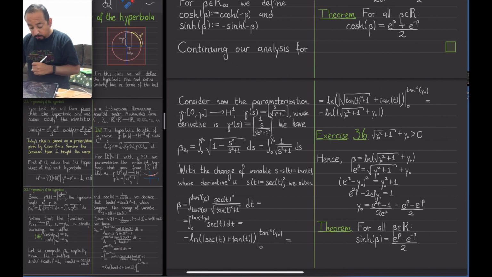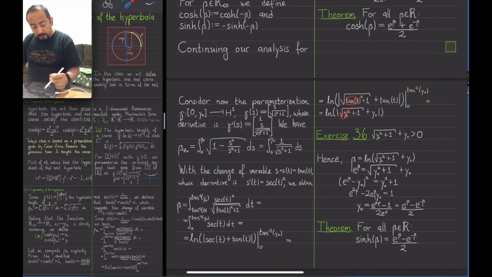When we were working with the hyperbolic cosine. So take that function and evaluate it at the limits of integration, and you arrive here. Here I'm replacing the secant with the square root of tangent square plus 1, because when I plug in tangent inverse of y naught there, I just get y naught.